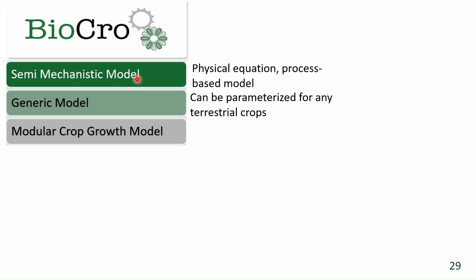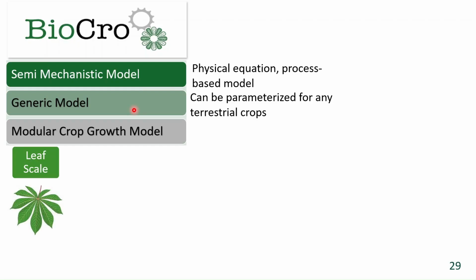So BioCro is a semi-mechanistic process-based model. It is a generic model, that is, it can be used to simulate any kind of terrestrial crops. As of now, certain bioenergy crops and soybean can be simulated using BioCro.